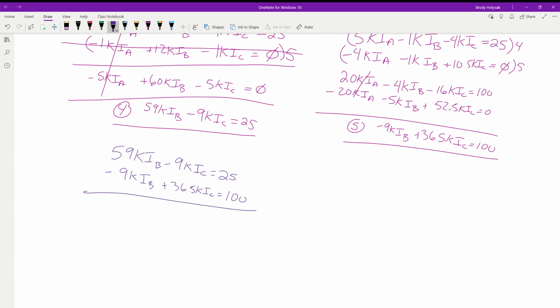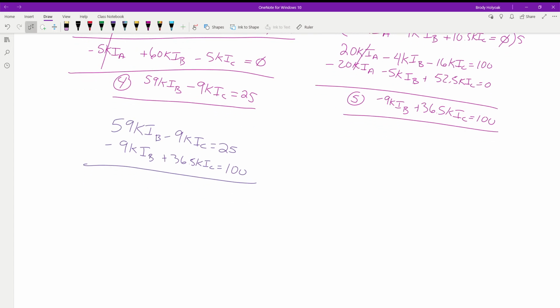So now we want to set them equal to each other. And this one, we don't have a great option, so we're just going to brute force them. So we're going to multiply our top equation by 9. We're going to multiply our bottom equation by 59.